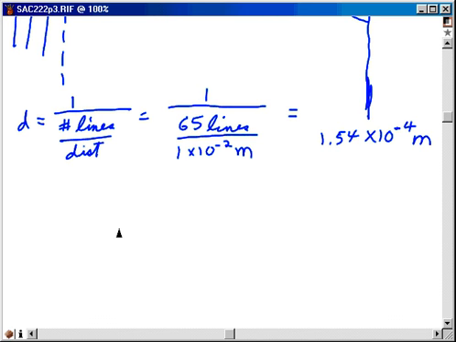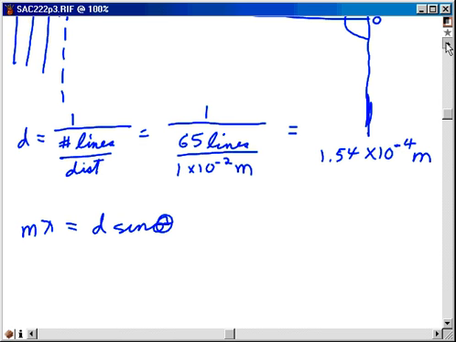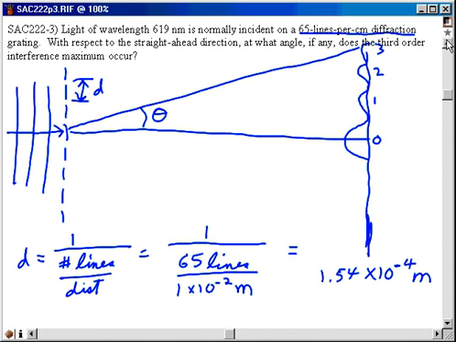For d. Now, the formula that characterizes interference is m lambda equals d sine theta. d sine theta represents the path difference for light that travels through one slit to get to the point in question versus light that travels through another slit to get to the point in question.